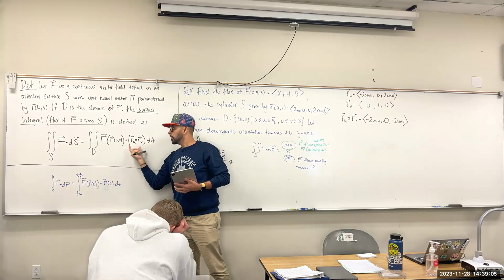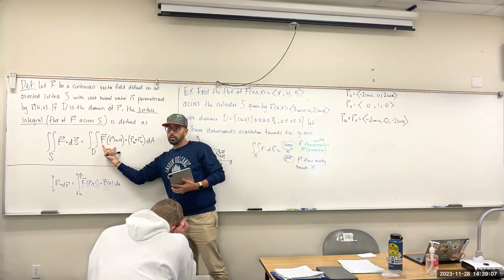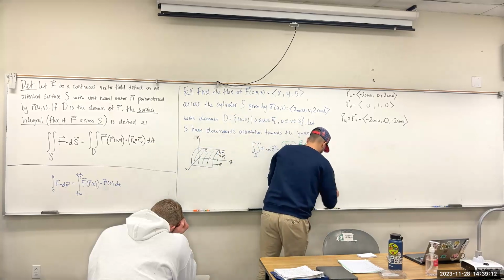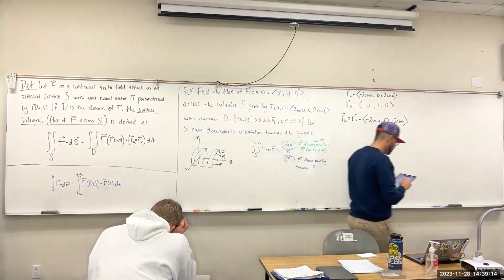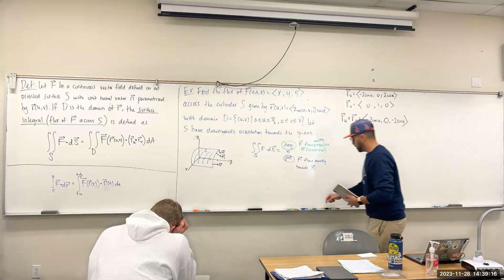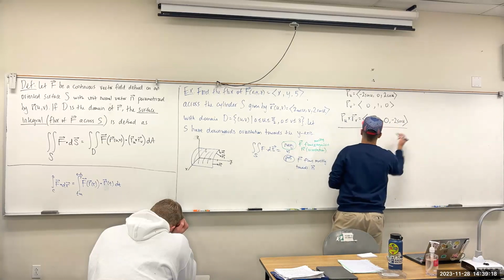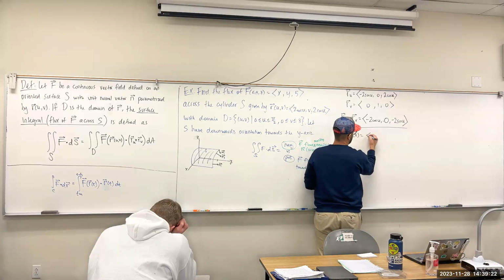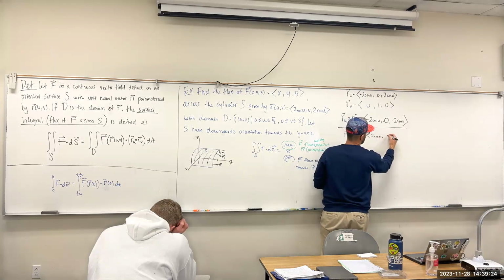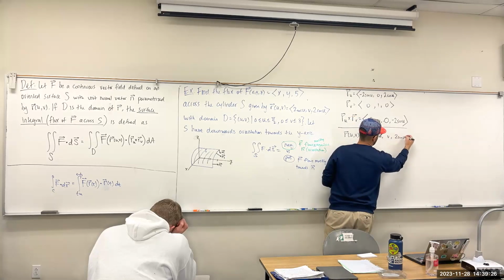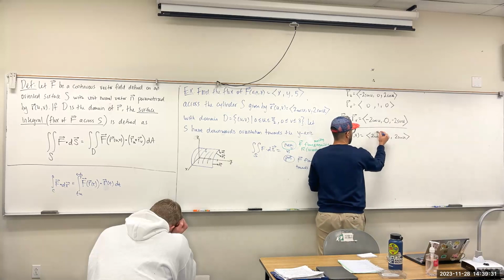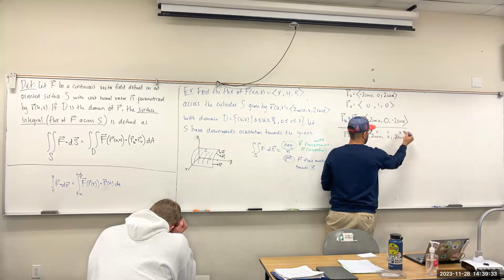Now we need to do the composition. That's where it gets tricky. So I got that piece. R of u,v is 2 cosine u, v, 2 sine u. So this is my x, this is my y, and this is my z.